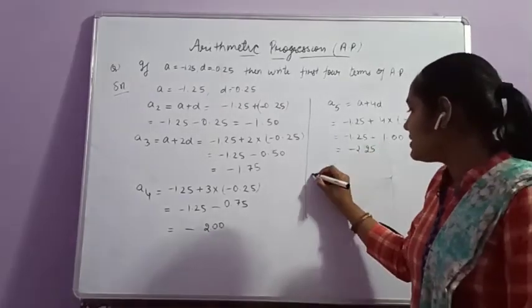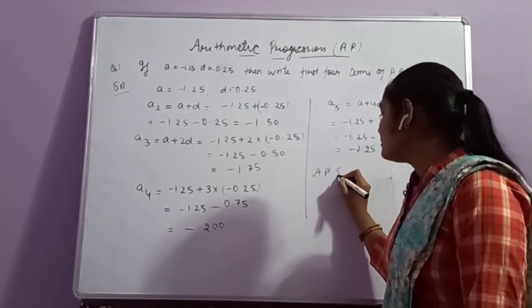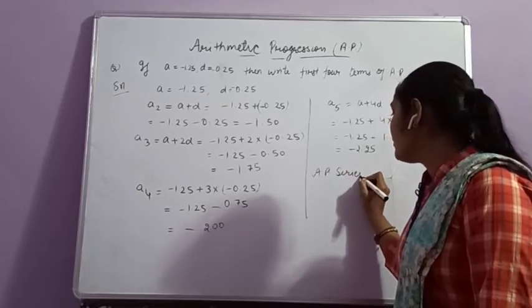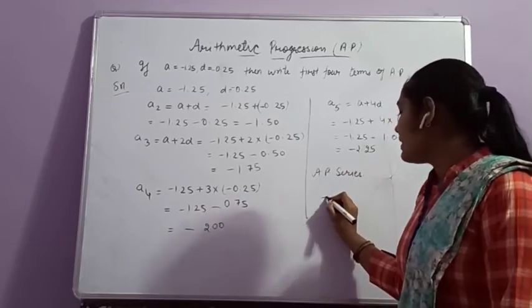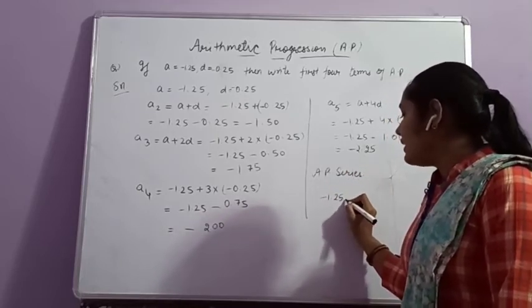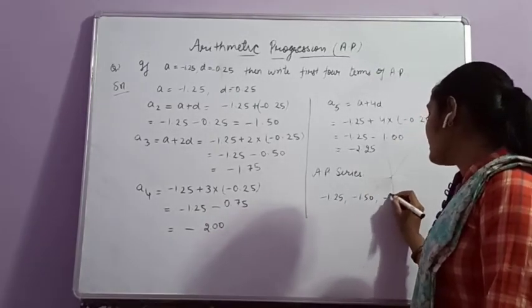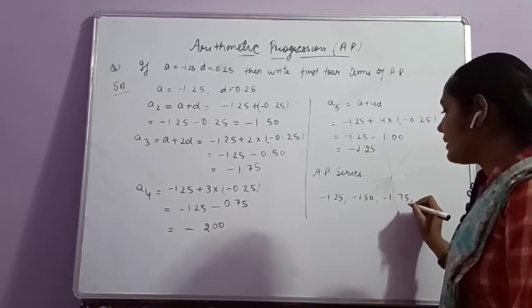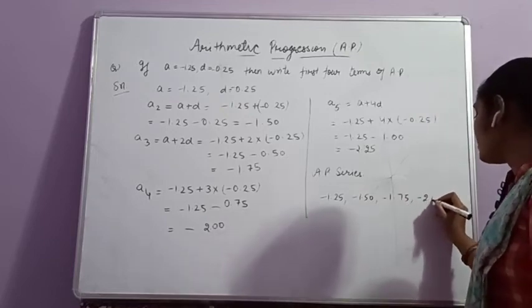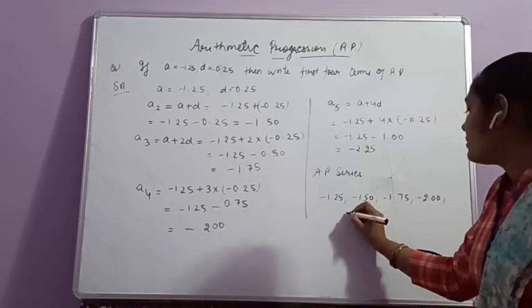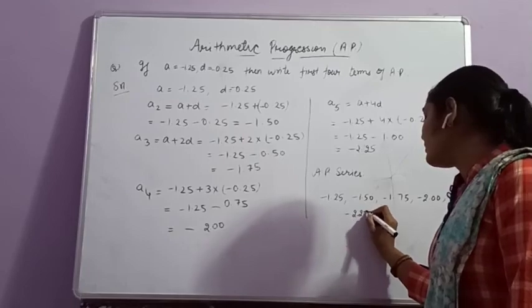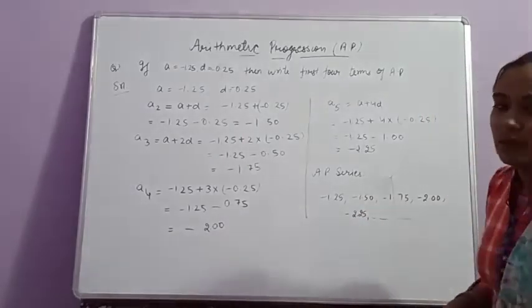Therefore, the AP series will be: A is minus 1.25, A2 is minus 1.50, next is minus 1.75, next is minus 2.00, next is minus 2.25, up to infinite.